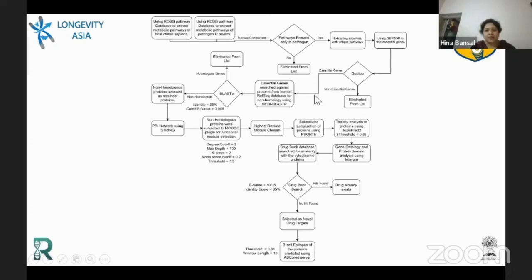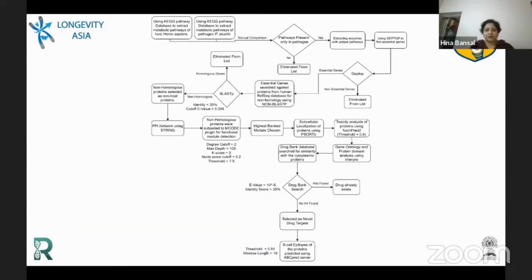Further, all the essential genes were subjected to a BLAST homology search, and those found homologous to the human host were discarded, and only non-homologous proteins, which do not show any similarity with the human genome, were included in the study. Then the PPI network was constructed using the STRING database.